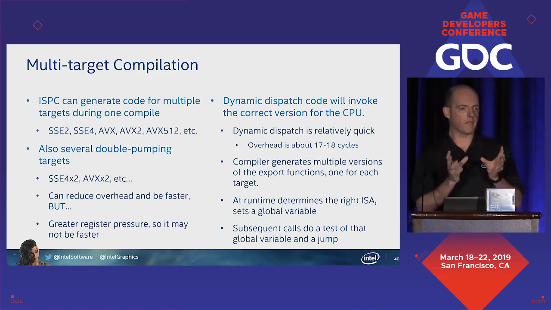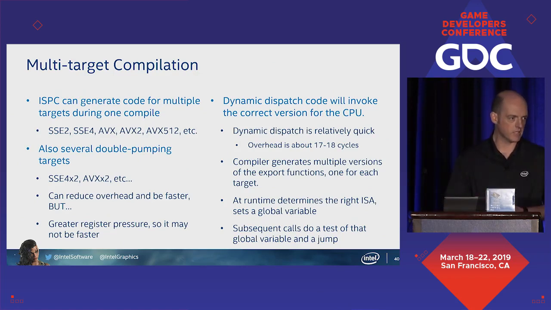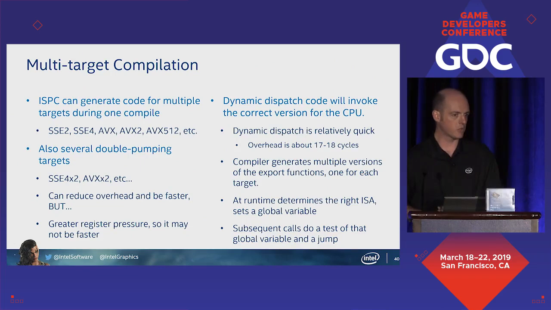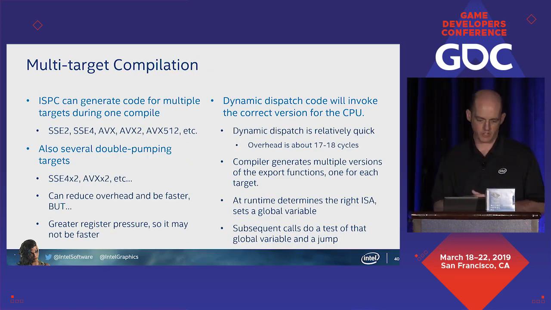And assuming you have those compiled in, it will then set up a dispatch table for you. So you will then go straight into the relevant function. And there's a slight overhead for this, obviously, 17, 18 cycles. But generally, you're doing a whole bunch of work, so that's fine. And if you're just targeting one instruction set, you don't get this overhead. You just go straight into that function.